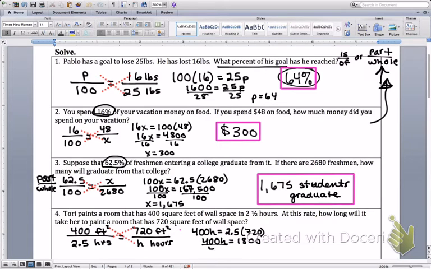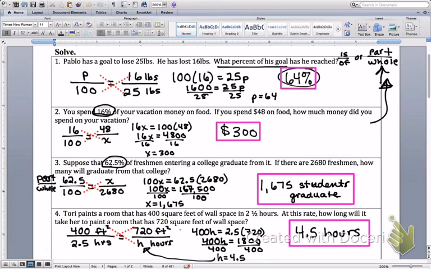Now let's divide both sides by 400. We get h equals 4.5. Remember, h is in hours, so our answer is 4.5 hours. All right, almost done the first page.